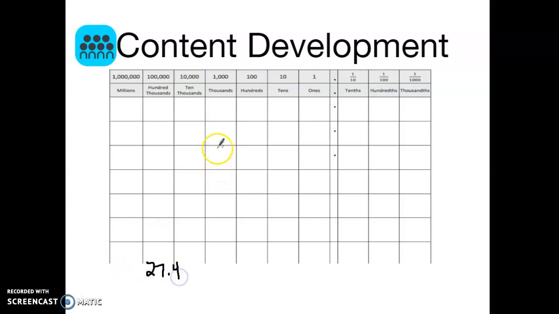Remember, 100 is 10 times 10, so it's 2 groups of 10.